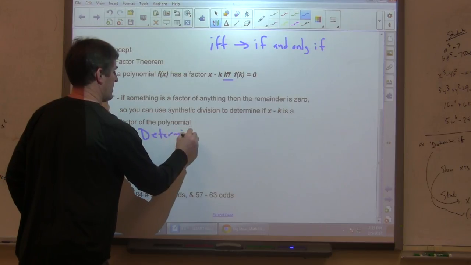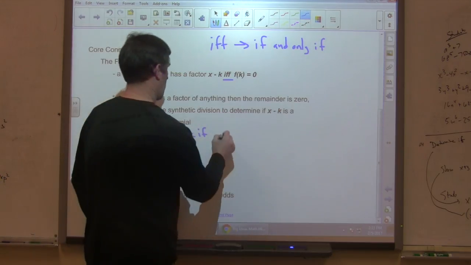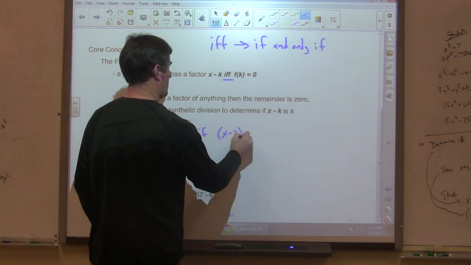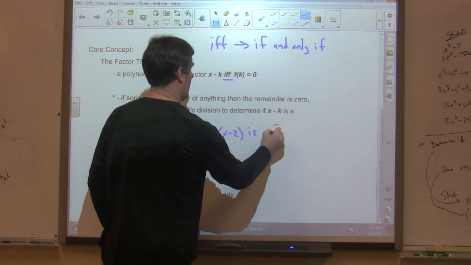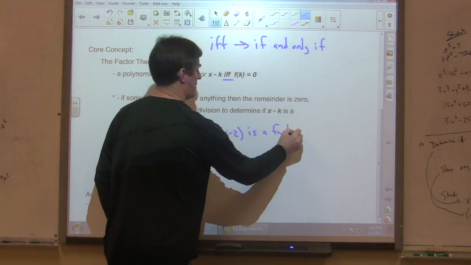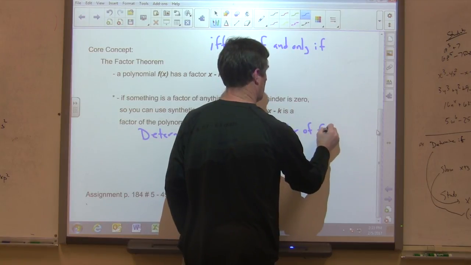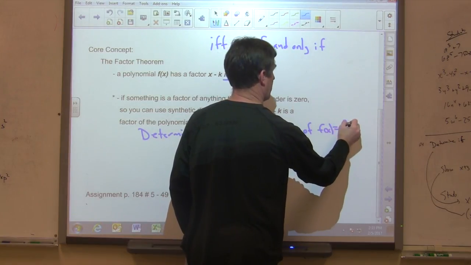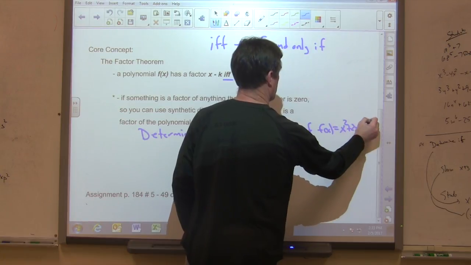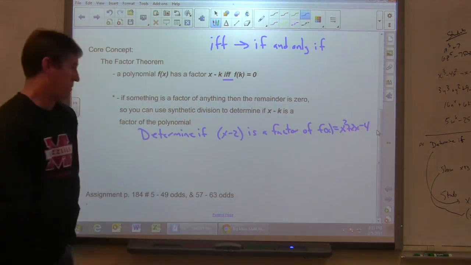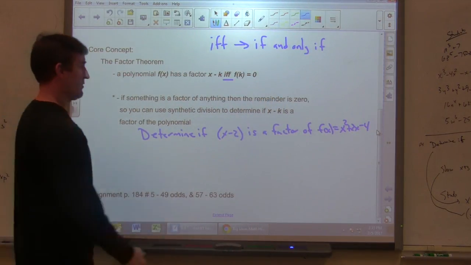Determine if x minus 2 is a factor of f of x equals x squared plus 2x minus 4. Well, all we have to do is the synthetic division.